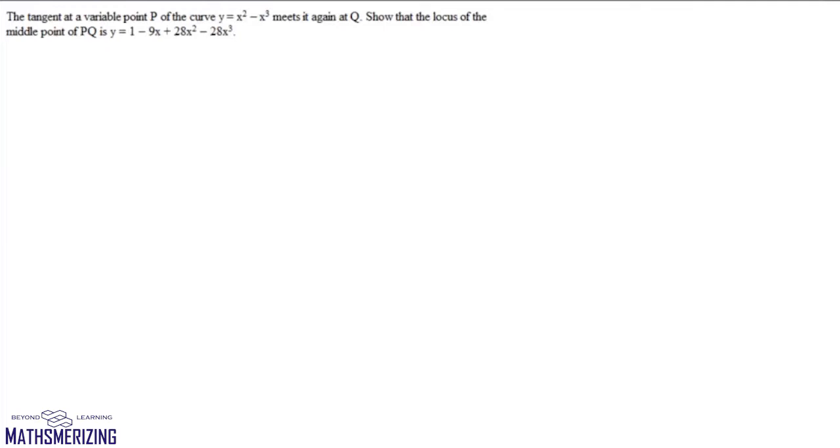Now here the question is, the tangent at a variable point P on the curve y equals x square minus x cube meets it again at Q. Show that the locus of the midpoint of PQ is y equals 1 minus 9x plus 28x square minus 28x cube. Now it says the tangent at a variable point P meets the curve again at Q. We need to find the locus of its middle point.